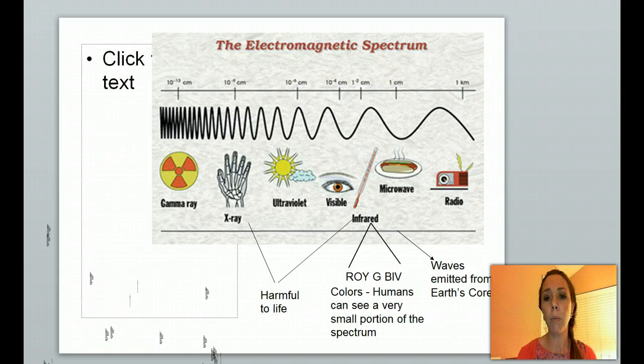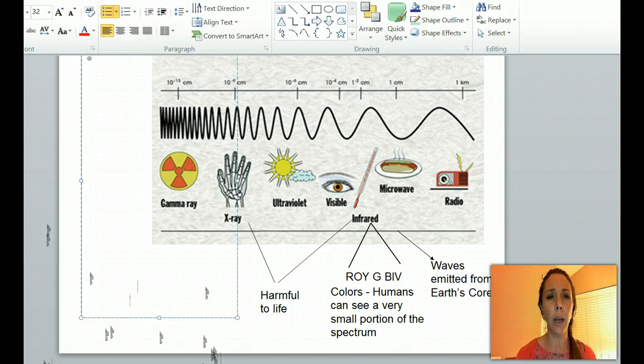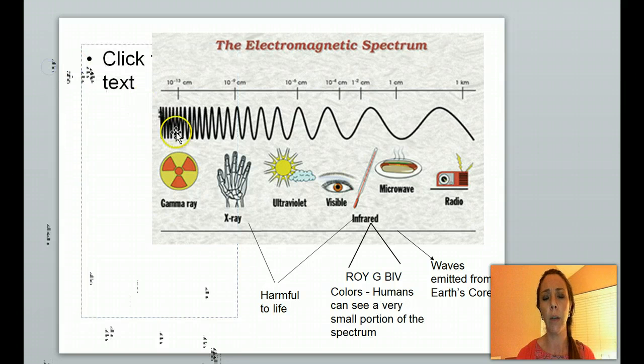Okay, so here's your EM spectrum again. You guys just need to know that this is looking at the ones that are harmful to life and the ones that are not harmful to life. Anything from visible, so visible is the one that our eyes are attuned to, anything that has less energy than that is not harmful to life in small amounts.